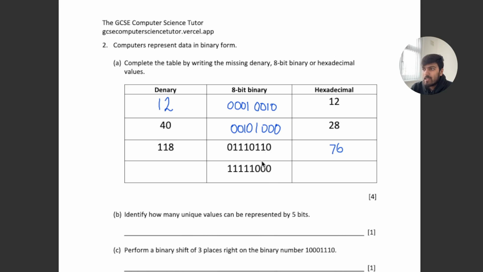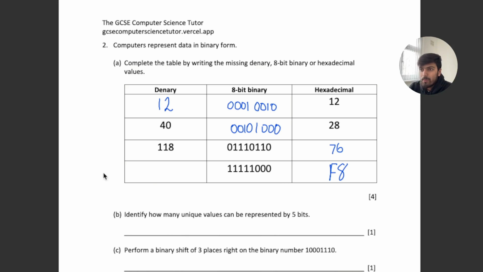And again, same thing here, we're going to split it up, and this is going to be 8 on the right. And on this side is 1, 1, 1, 1, so the maximum, which is 15. But we're not going to write 15 here, but instead 15 in hexadecimal, remember, is F. So we're going to write F here.